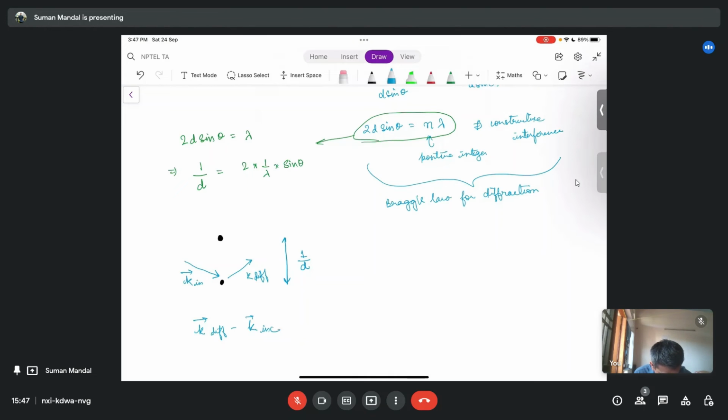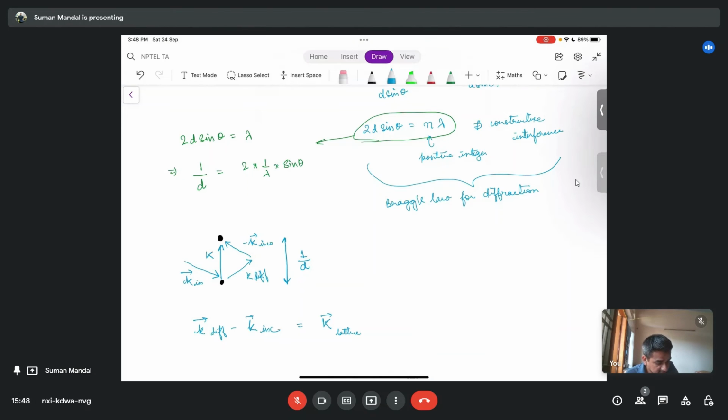This is minus k incoming, and this becomes the K vector that we discussed in the previous question. This is the lattice vector. So this is the condition for diffraction, and this is 1 by d.